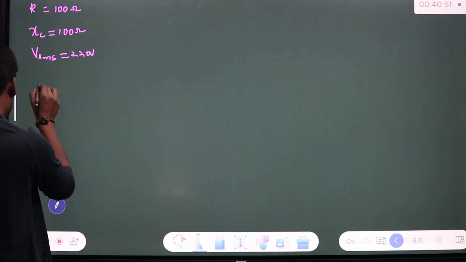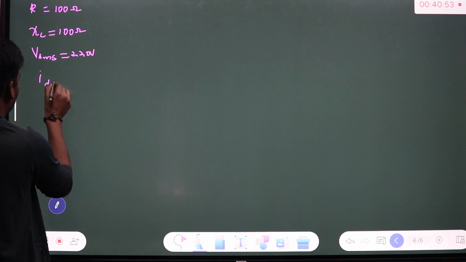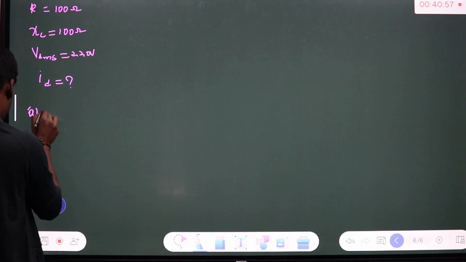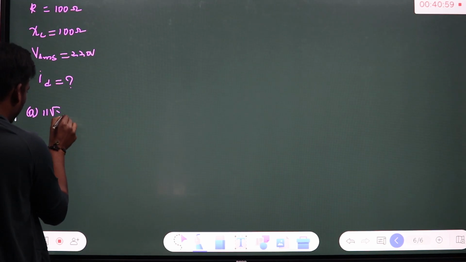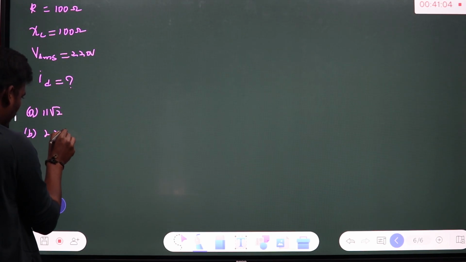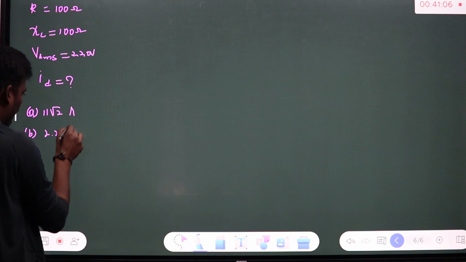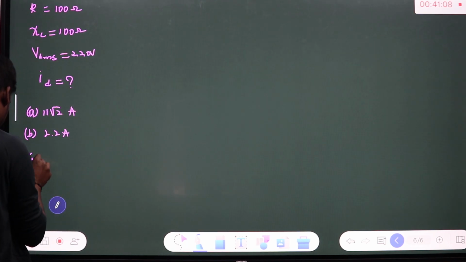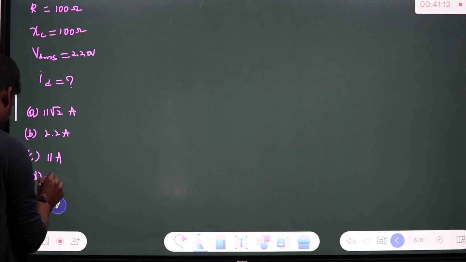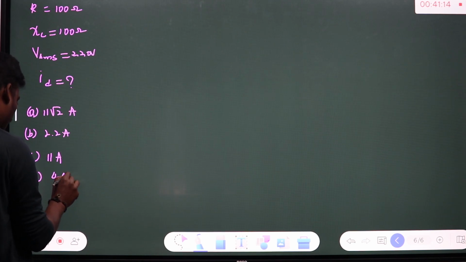And what do you need to find out? Displacement current. Option A, 11 root 2. Option B, 2.2 ampere. Option C, 11 ampere. Option D, 4.4 ampere.